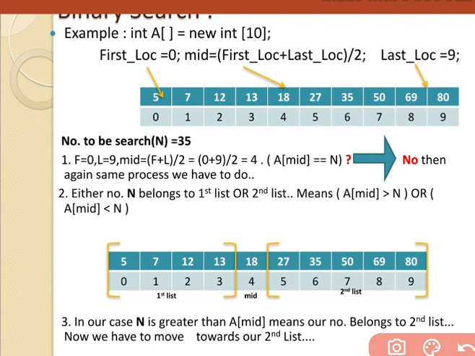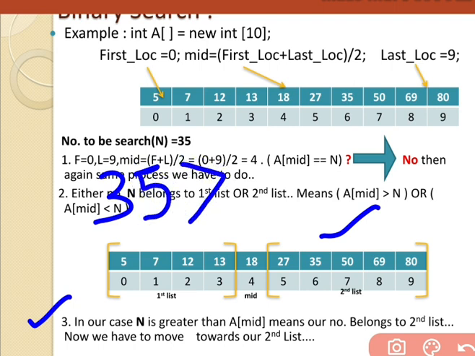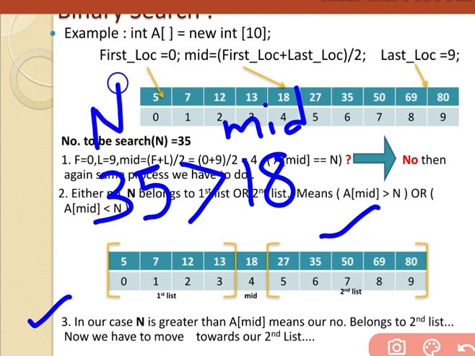See, in our case, what happened? n is greater than mid, which means our number belongs to the second list. Our number is 35, which is greater than the mid location element 18.